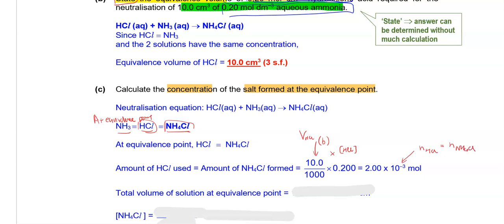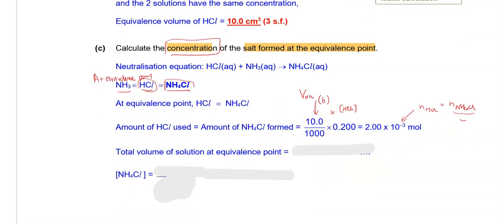What the question wants is the concentration. So after you get the number of moles, we need to divide by the volume. Many of you will be very tempted to divide by 10, but if you look at the setup, I originally have 10.0 cm³ of ammonia. Now at equivalence point, I've added in 10.0 cm³ of HCl.